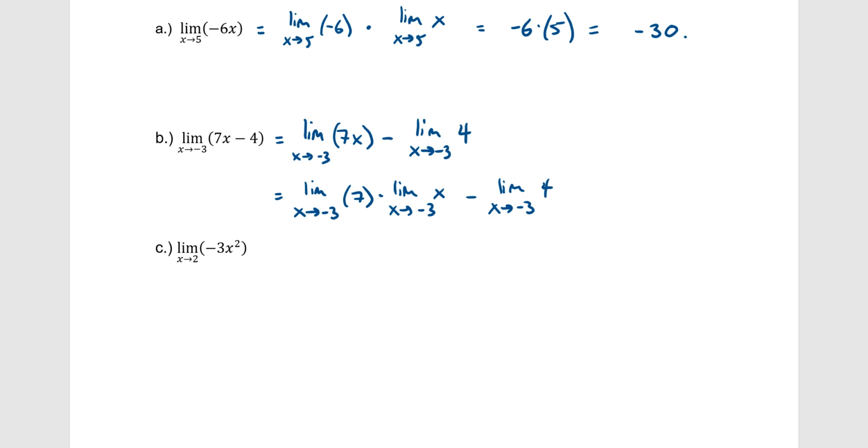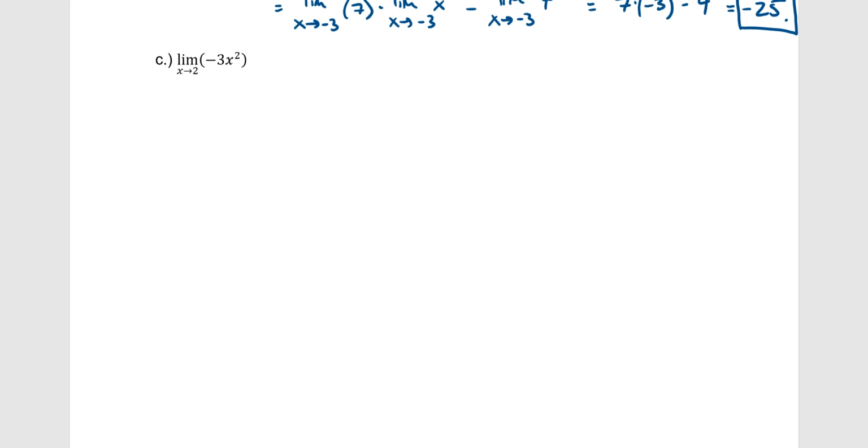All I'm doing is splitting up as far as I can go to make it a little bit easier on us. Now, this first one is a constant, so 7. The next one is an identity, so -3. And the last one is a constant, so 4. 7 times -3 is -21, minus 4, we get -25. Okay.